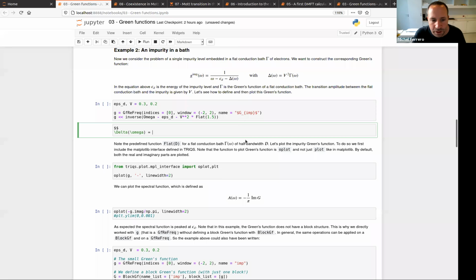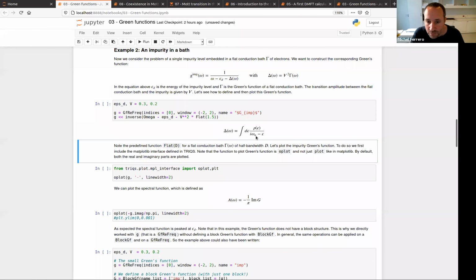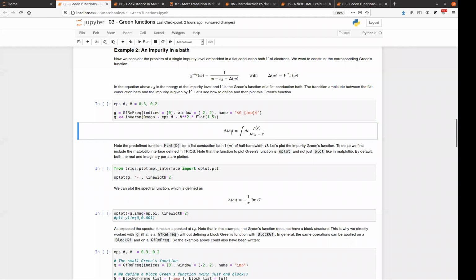Like you say, it's something like a sum over k, but you can also see it as an integral over energies epsilon of the density of states rho of epsilon divided by i omega minus epsilon. That's the general formula.